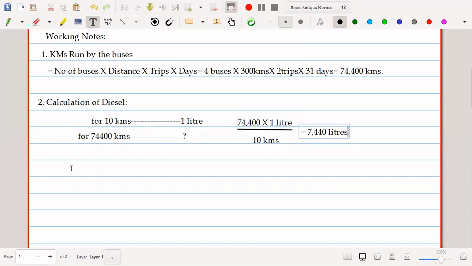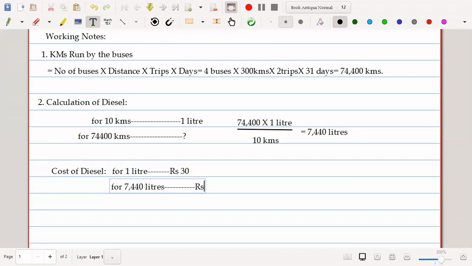And next point is cost of diesel. Given in the problem, for 1 liter the amount is rupees 30. For 7,440 liters, what will be the cost?